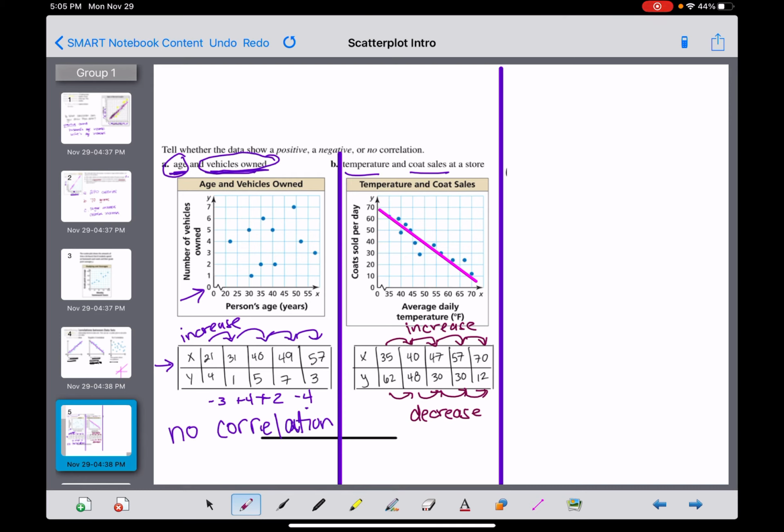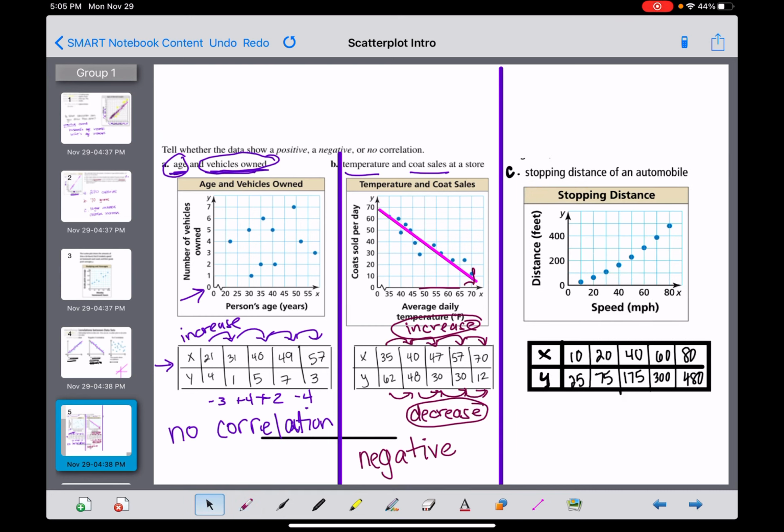Because of the downhill nature of the graph, and because one value is increasing while the other decreases, this makes this a negative correlation. It makes sense. The lower the temperature is outside, the more coats will be sold. Or the opposite: the higher the temperature is outside, the fewer coats will be sold.